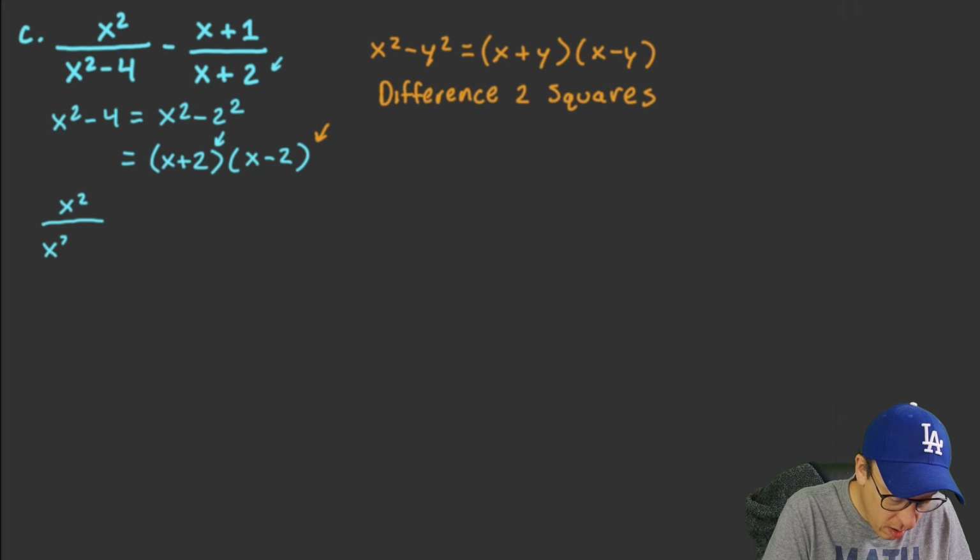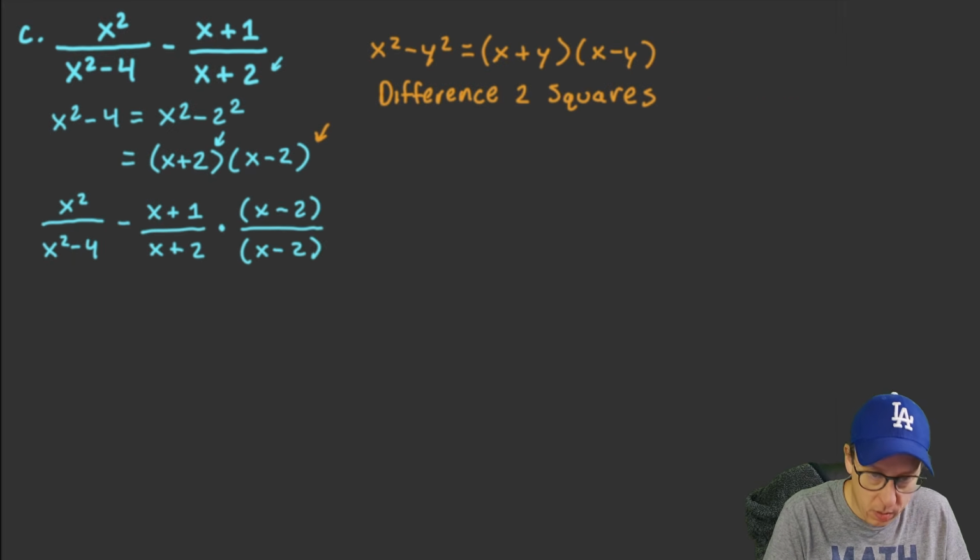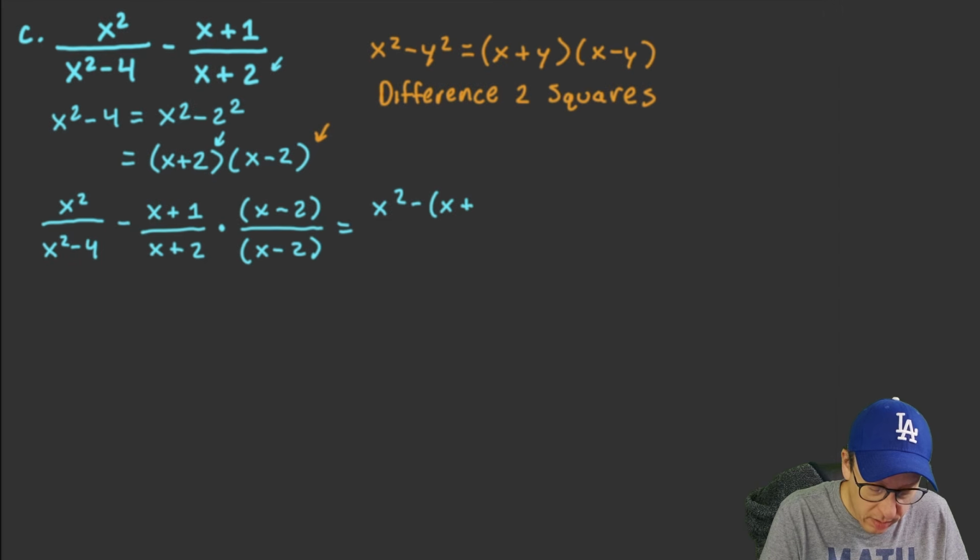X squared minus 4 minus x plus 1 over x plus 2. And we'll multiply it times the one value that's not there, which is x minus 2 and x minus 2. There we go. And if we do that, we'll end up having x squared minus x plus 1, x minus 2.